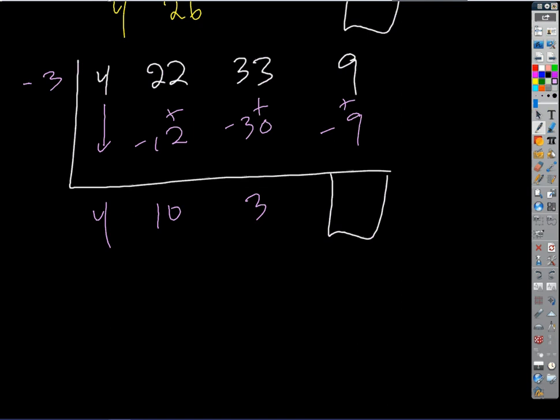And so all I've got to do then, that's easy now, right? I know A is 4, B is 10, C is 3, right? So we're trying to find the zeros of 4x squared plus 10x plus 3. How am I going to do that? Quadratic formula. I don't even need to write it down. It's giving me the values of A, B, and C. Plug them in, right?